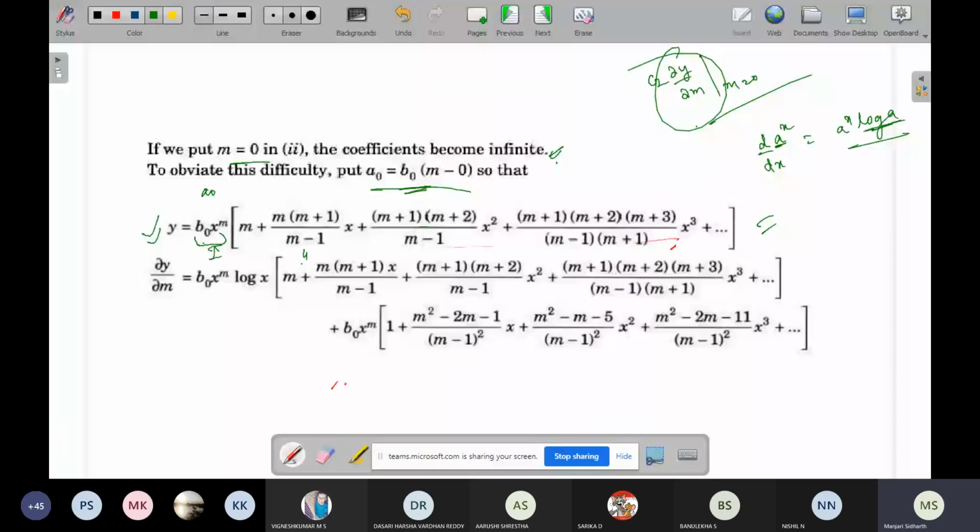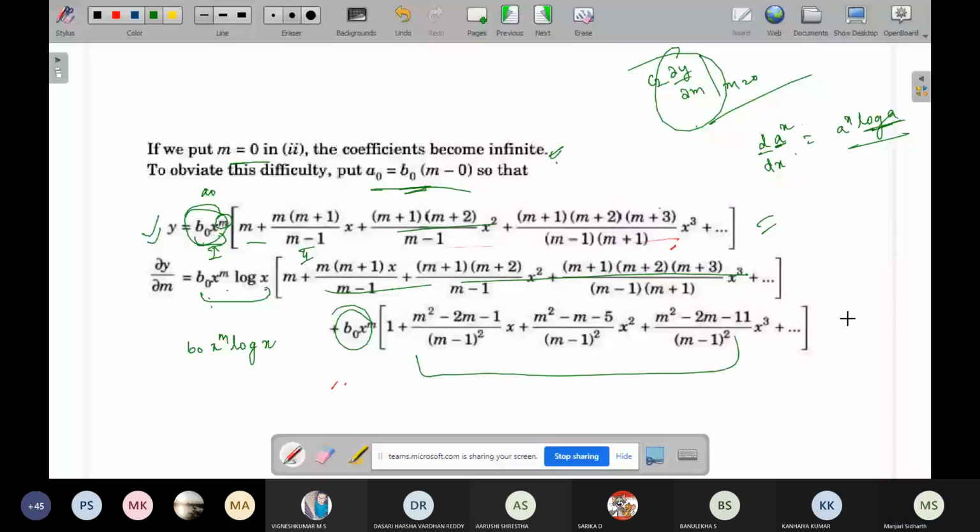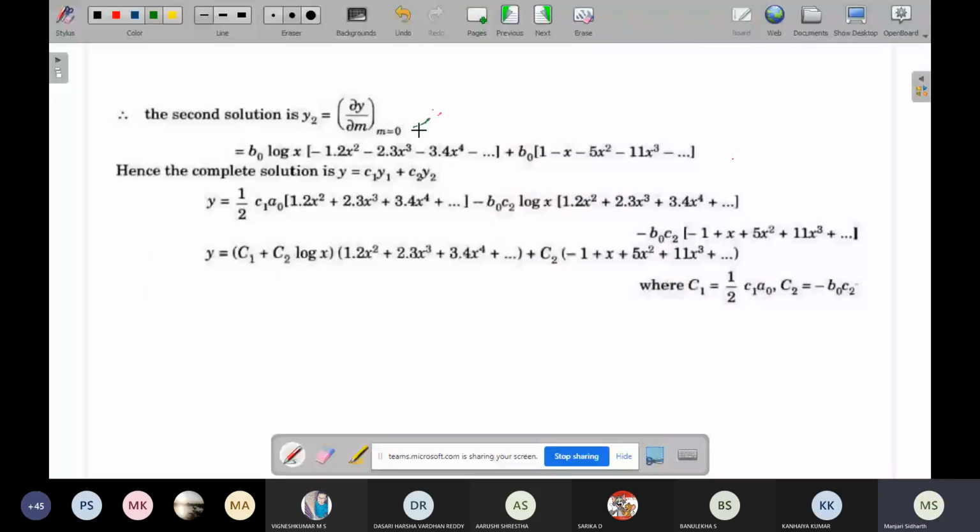Differentiating the first, b₀ is constant, x^m, m is variable, treat x as constant, so x^m log x, and the same term. Then differentiate the other term with respect to m. Then put m = 0. Hence the complete solution is this.